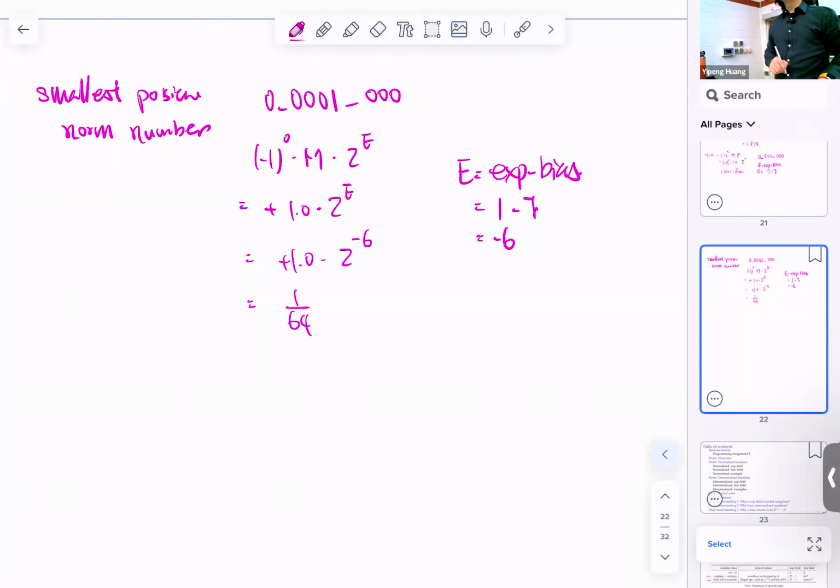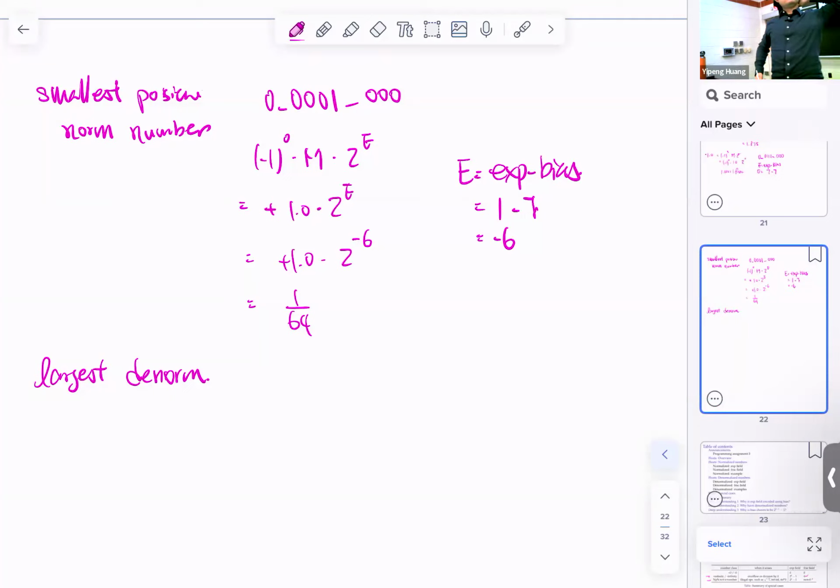Okay, so we keep going. What's the next interesting number underneath that? The largest denormalized number. And what's going to be bigger in magnitude, the largest denormalized number or the smallest normalized number?